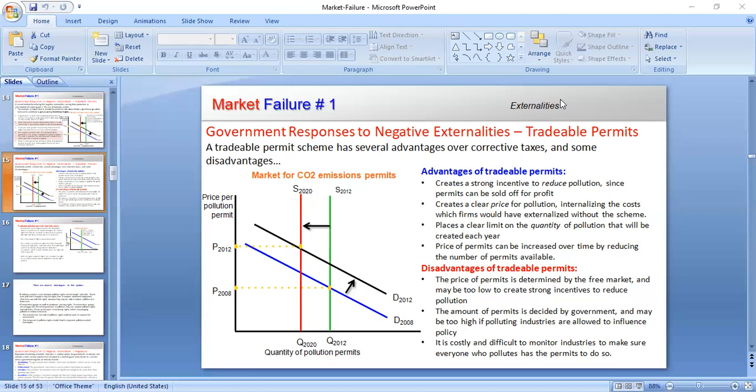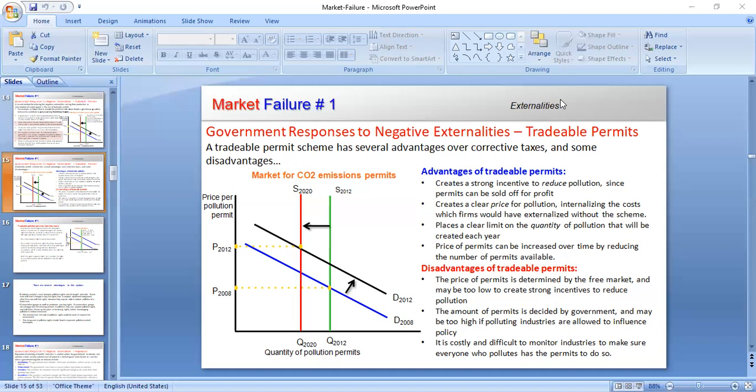So if the demand for these permits is low, then it will not be effective for the government, right? The government can increase the price of these permits, but at the end of the day, maybe even these firms are not demanding these permits.